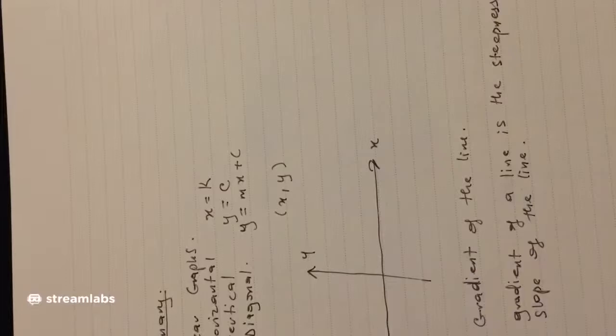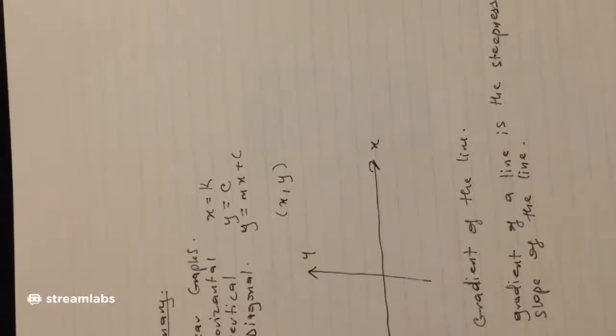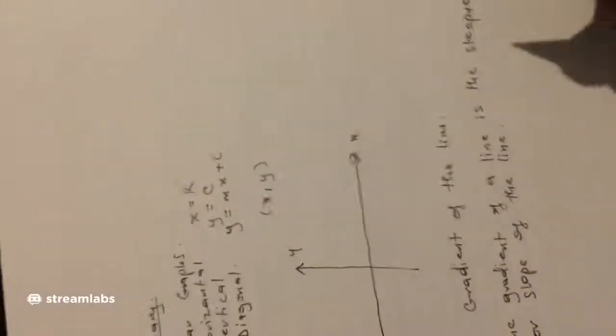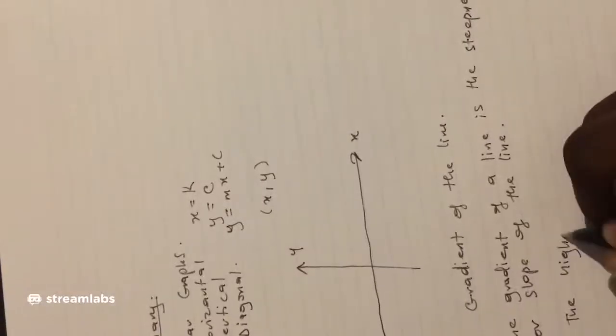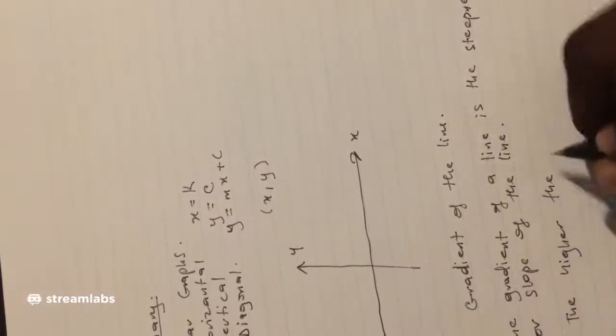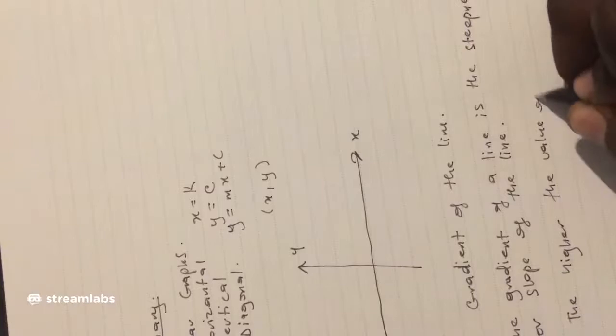What I mean by that is, let's say you have a hill with a gradient that is very high. Let's say the gradient is something along the lines of 50, that would be steeper than a hill with a gradient of maybe 2. So the higher the gradient, the steeper the hill. So let me just write that.